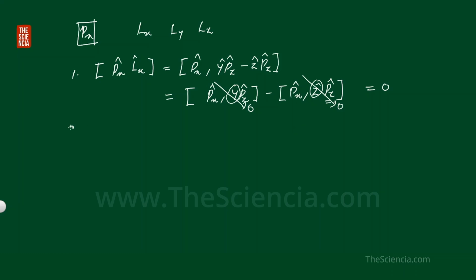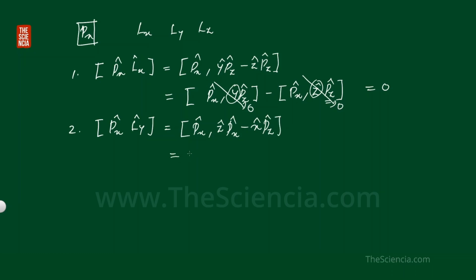Now we can check second one. That is Px cap with the Ly cap. That is equal to Px cap, Ly is z cap Px cap minus x cap Pz cap.